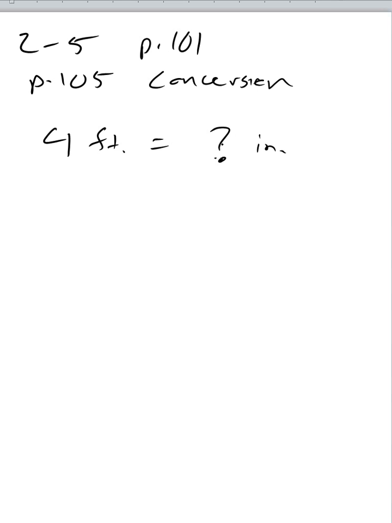So if you've got 4 feet and you want to know how many inches that is, how many inches are in a foot? What can I do to go from feet to inches? I know there's 12 inches in 1 foot. Since there's an equal sign there, that really means they're the same thing.